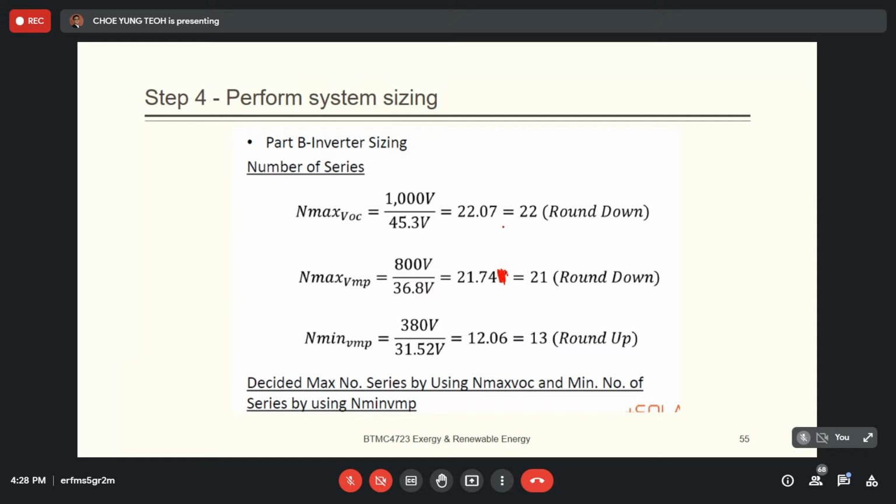So it means that I need to round down also, so it becomes 21. This is the maximum number of pieces I can connect in series during the maximum power point.